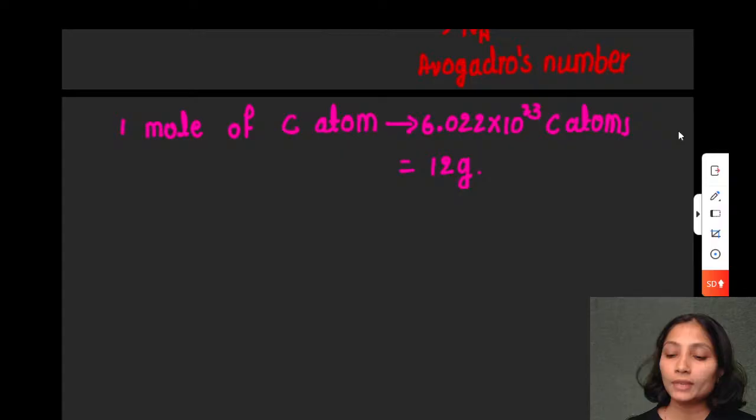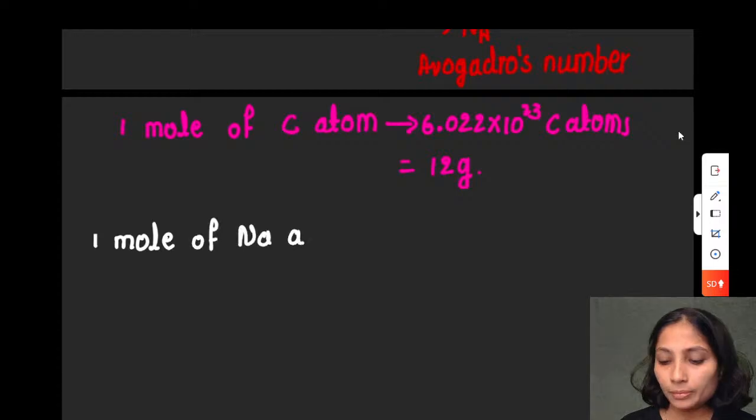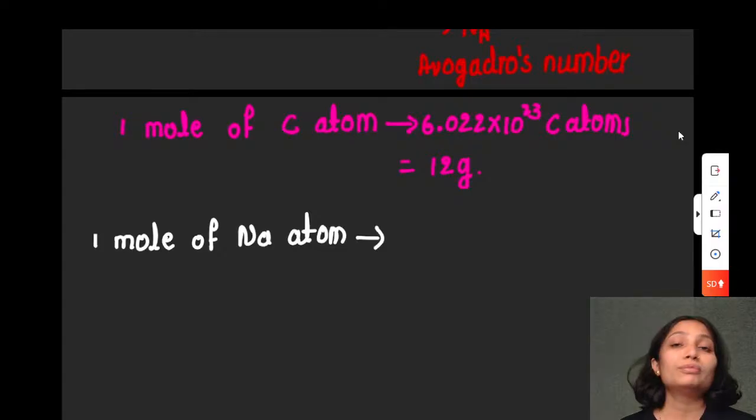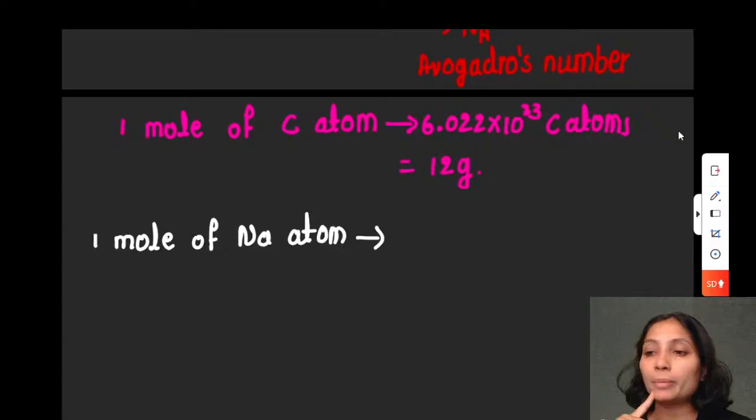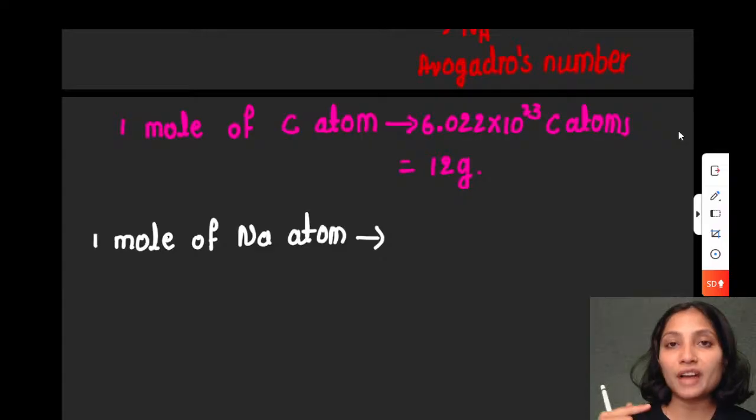Okay, next let's take sodium. If I write 1 mole of sodium atom, tell me how many atoms will be present in 1 mole of sodium atom? Please answer in the comment section fast.